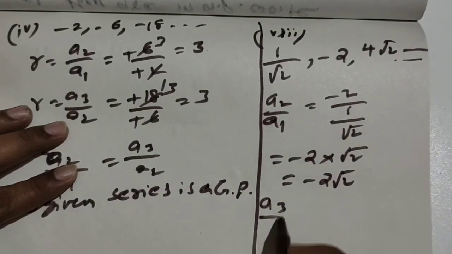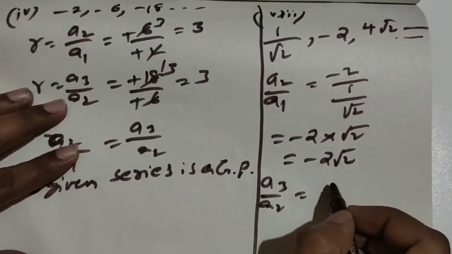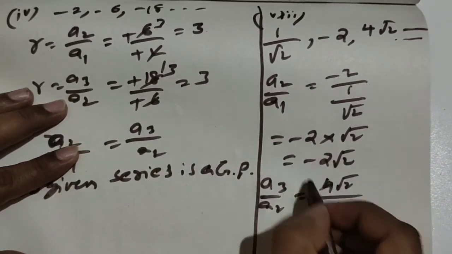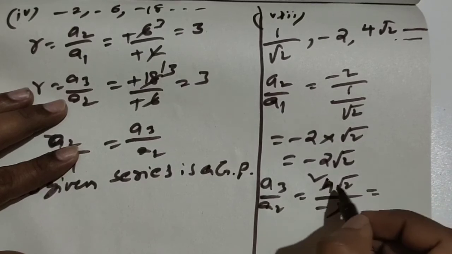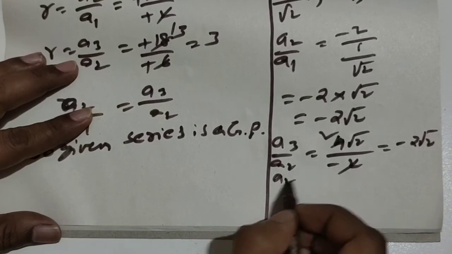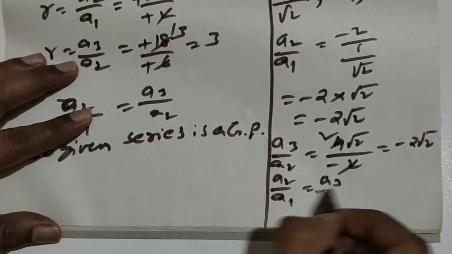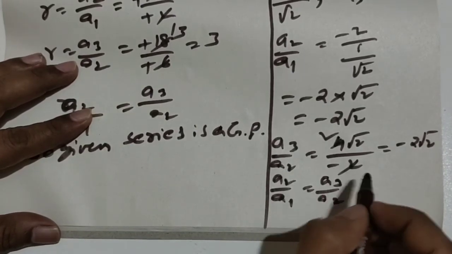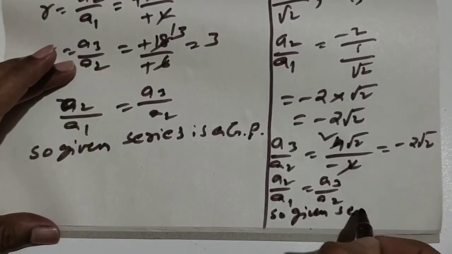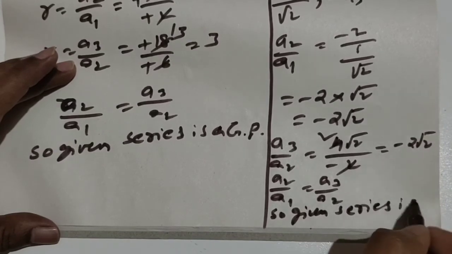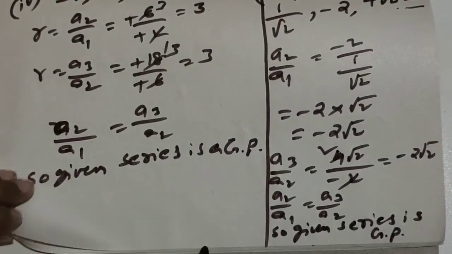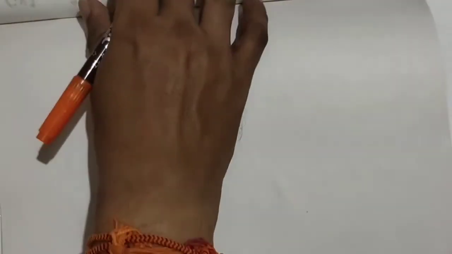And then a3 by a2, that is 4 root 2 by -2, 2 1s are 2, 2 2s are 4. So we get 2 root 2 by -1, that is here also we got -2 root 2. And hence a2 by a1 is equal to a3 by a2. Hence the given series is GP. Okay, so like this we can do other sums also. Try yourself.